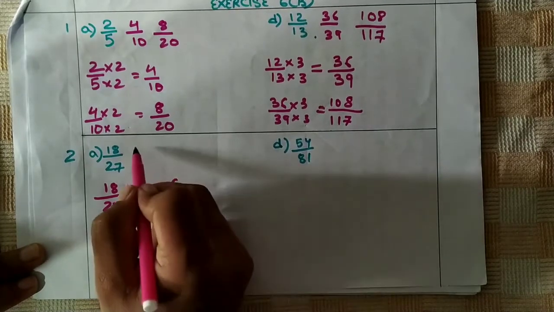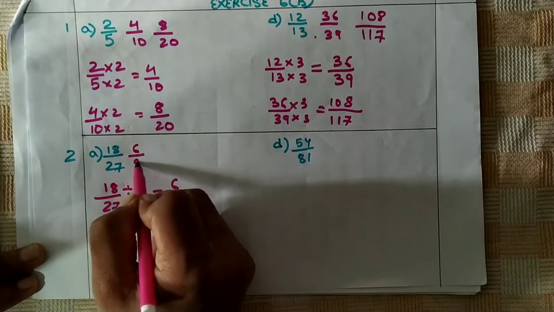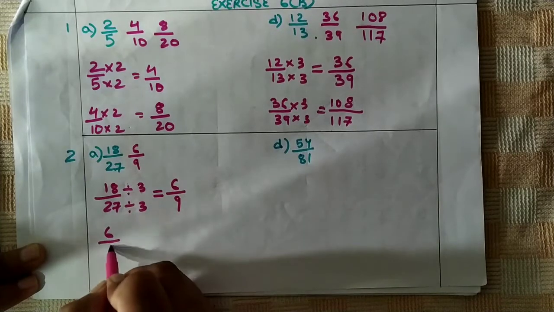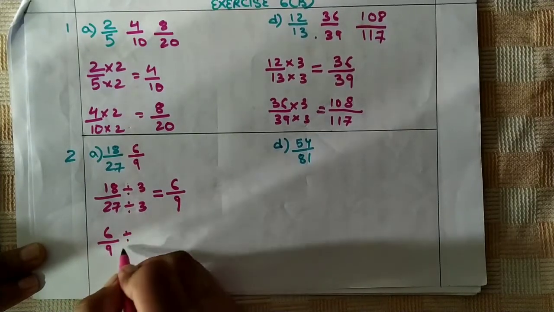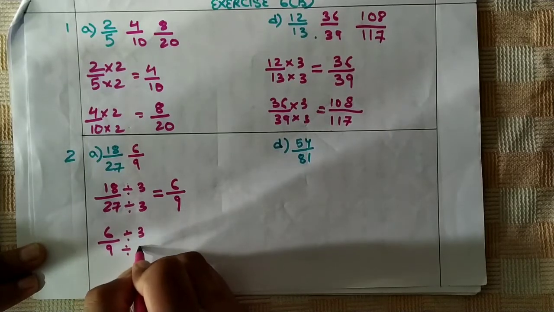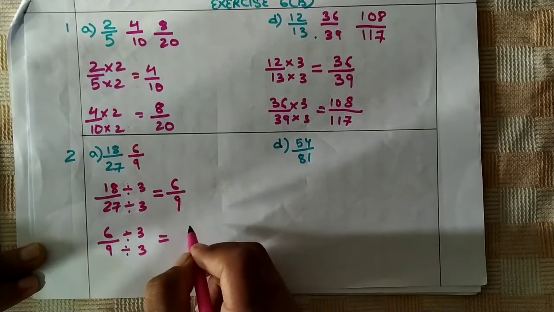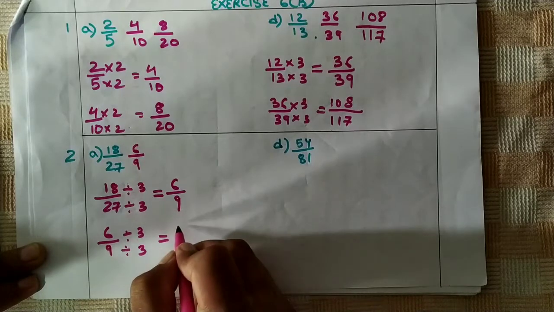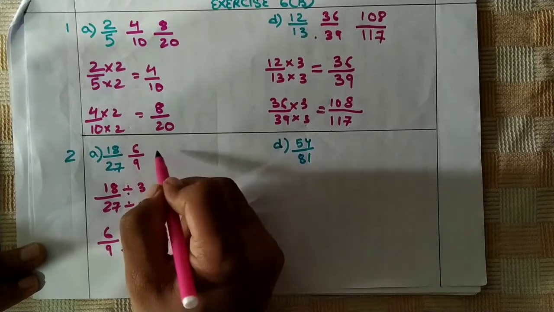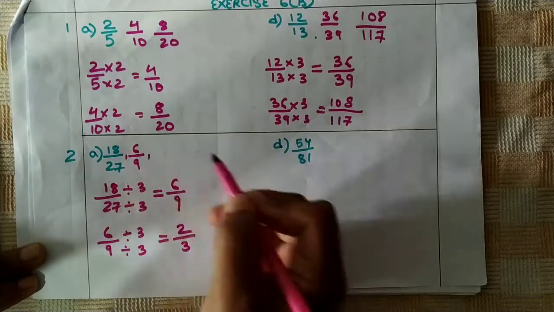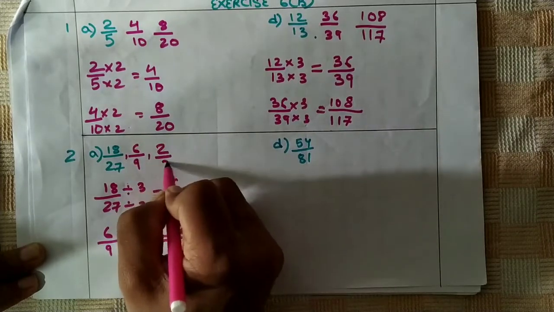6 by 9 can also be divided by 3, giving 2 by 3.